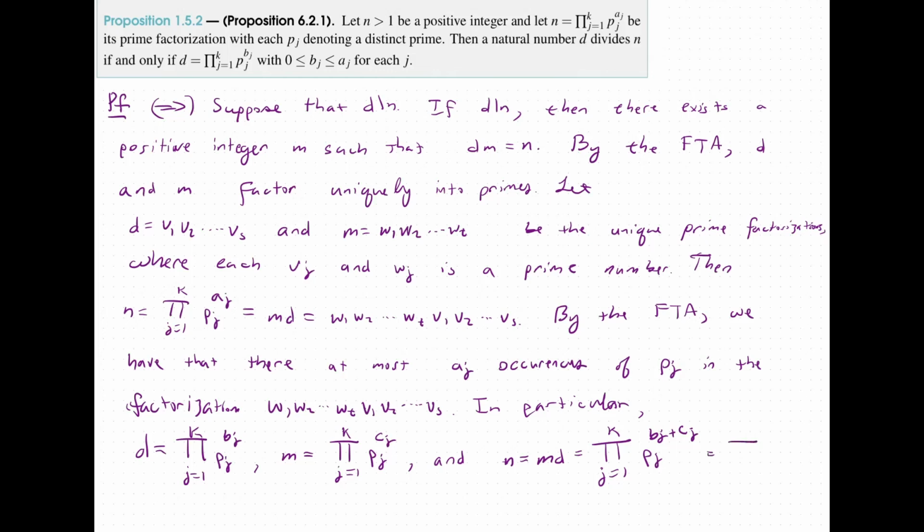But then that exponent must be exactly the one that we had earlier, and so we get that this here is the same as a sub j.